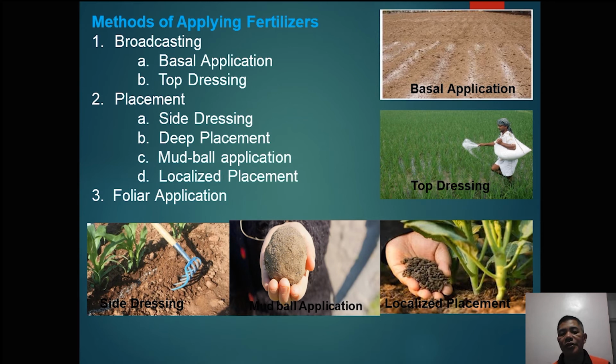But of course, the effect of this fertilizer method cannot be noticed right away, and it will take several days for the roots of the rice plants to absorb.